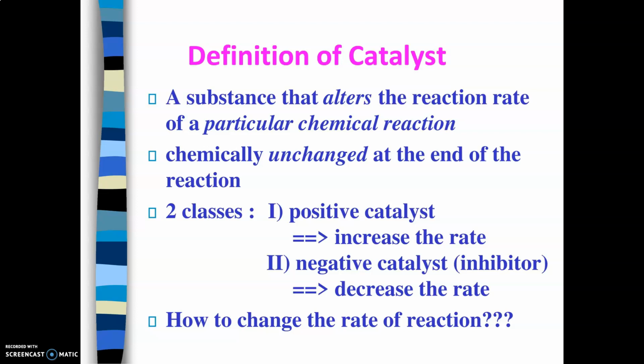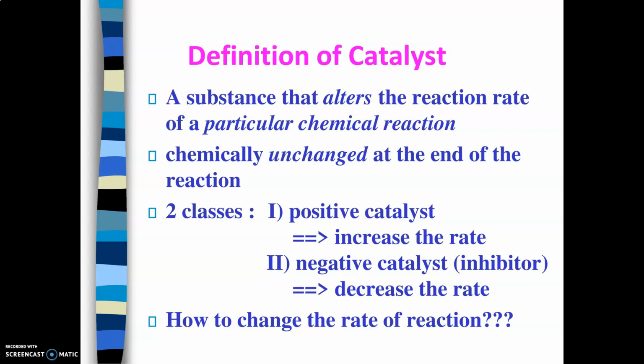That means it can either speed up or slow down a reaction, but when it is present in that reaction, it itself doesn't react. There is no change in the catalyst.